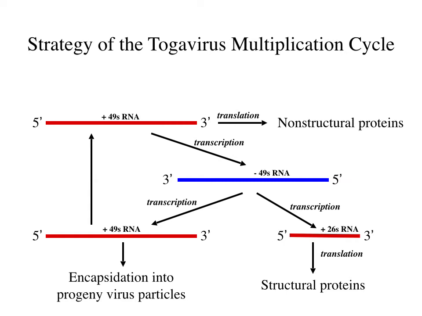But there's also a 26S RNA, and that is used strictly for translation of structural proteins. So the capsid, E1 and E2. So the antigenome RNA is the template for the synthesis of both full-length and subgenomic positive strand RNAs.